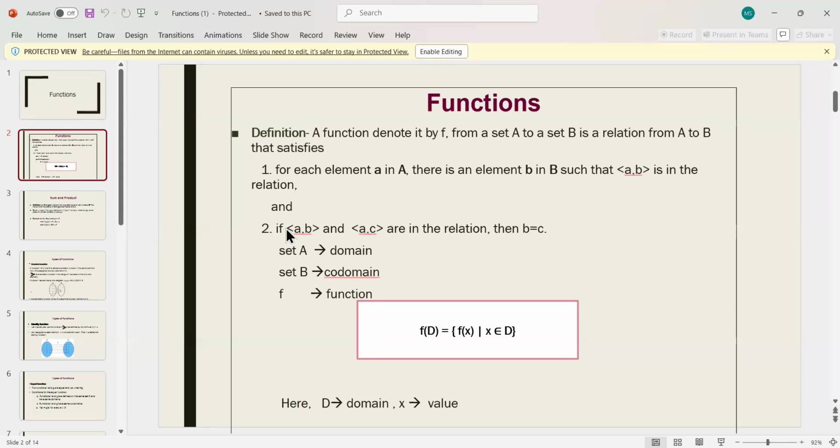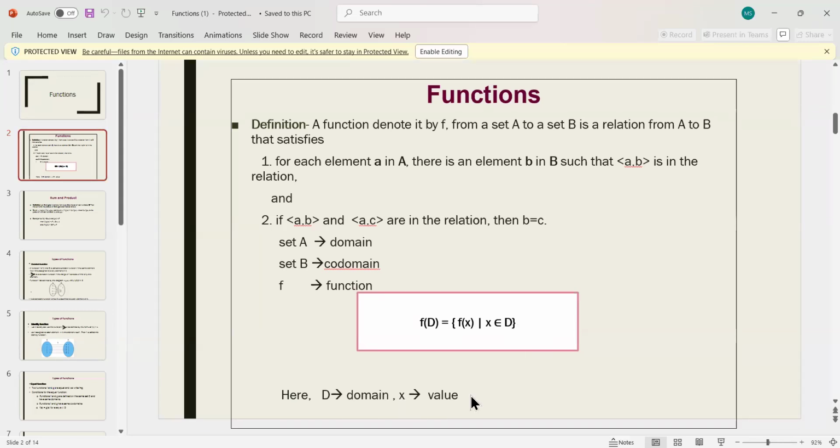And if (a, b) and (c, d) are in the relation, then b equals d. Now the set A is normally known as the domain. The set B is normally known as the codomain, right? Now normally D is the domain such that f of x, and x should belong to D. Now D is the domain, x is a value.